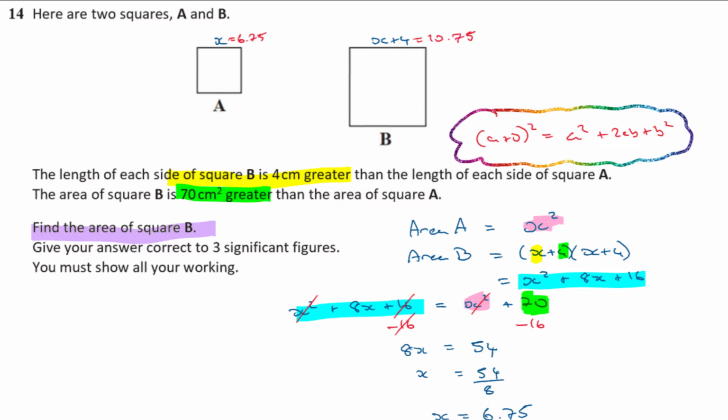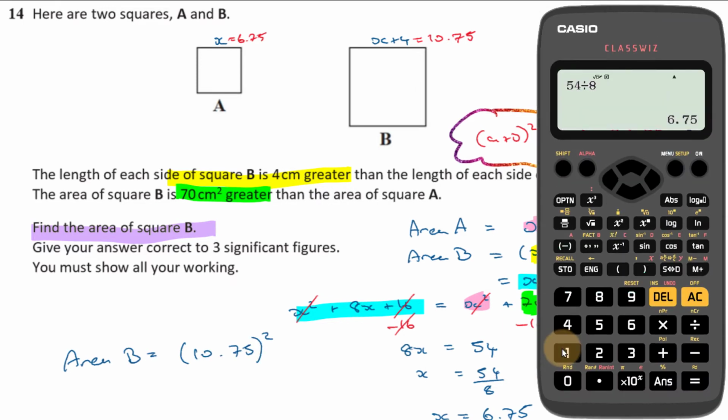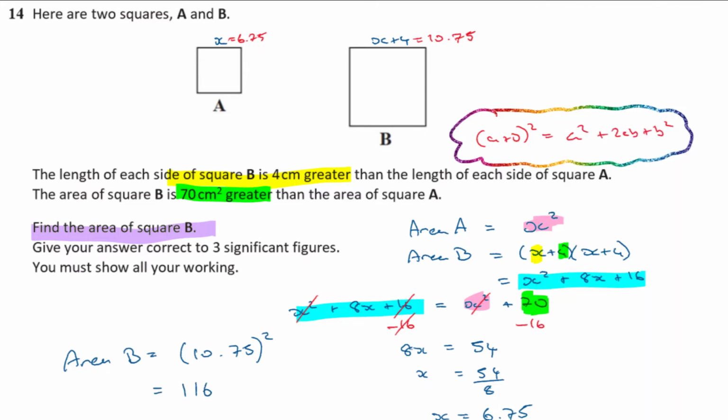And so the area of B is going to be 10.75 squared, isn't it? So what is 10.75 squared? 10.75 squared is 115.56. To three significant figures, I'm going to round that up. I'm going to say that is 116 centimeters squared.